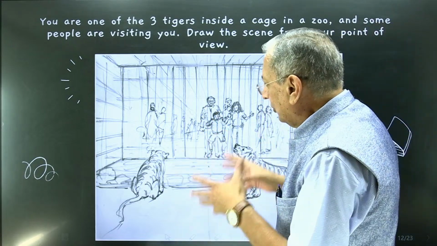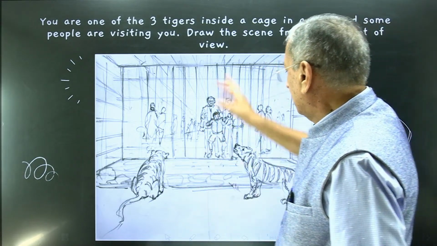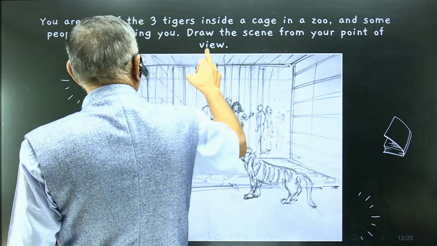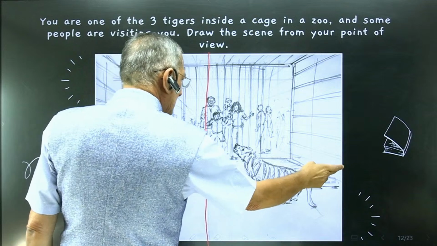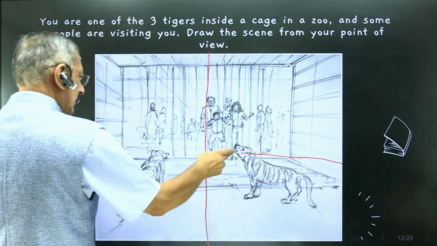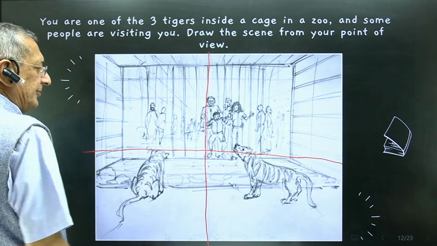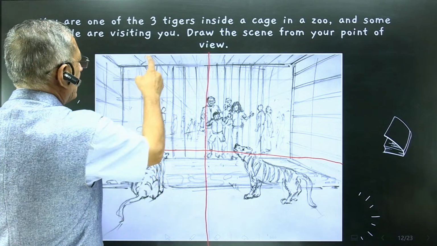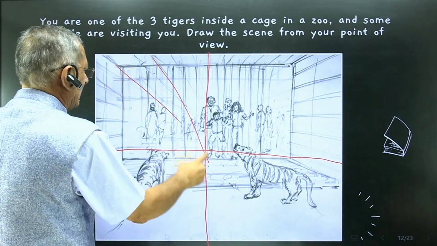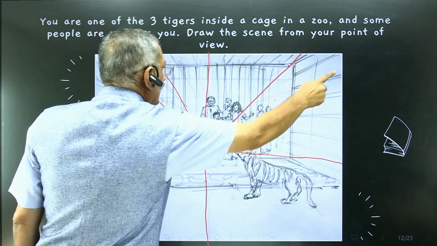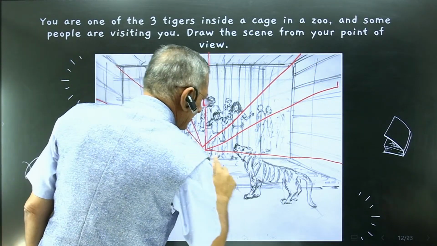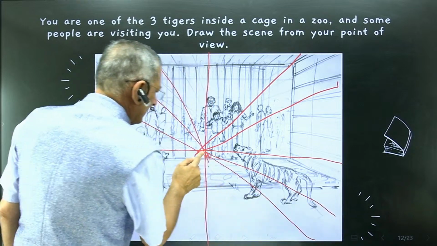Again, if you really ask me, the line of a station and the horizon. I have left some of the construction line while drawing this. These are those deviating lines which I was trying to explain to you in the beginning of the scene creation.